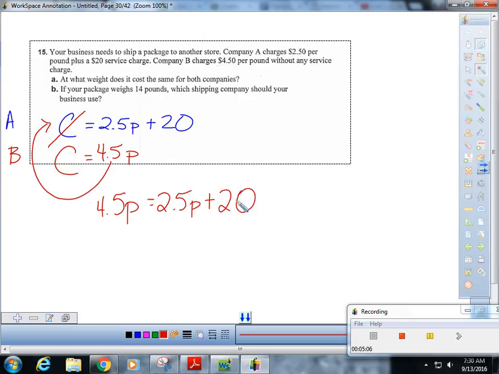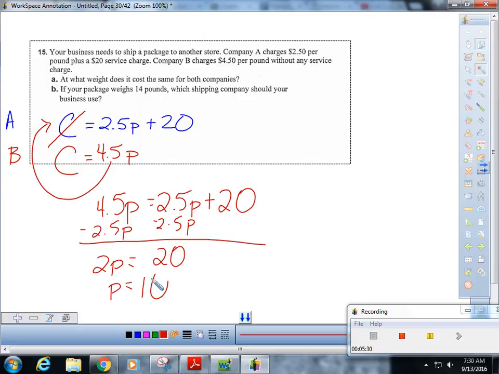Now I've got one equation, one variable. I can do that, okay? That's the whole trick here. So subtract 2.5p from both sides, and you get 2p equals 20. Divide each side by 2, and you get p equals 10.